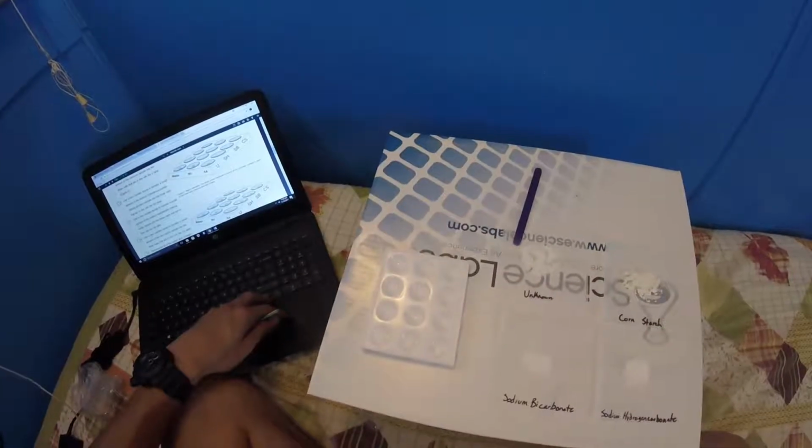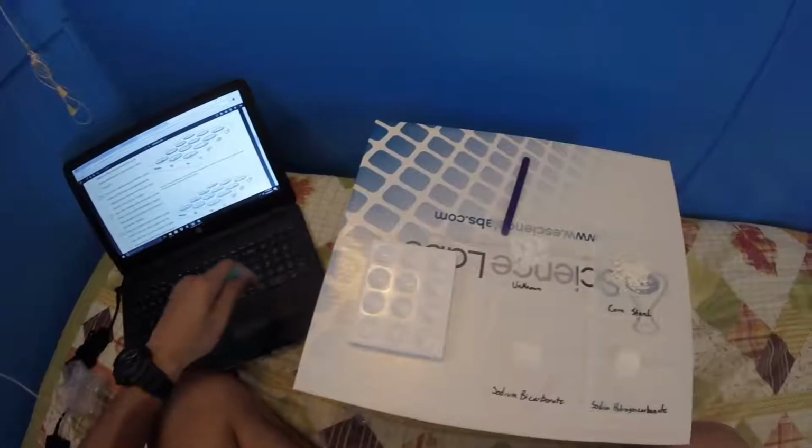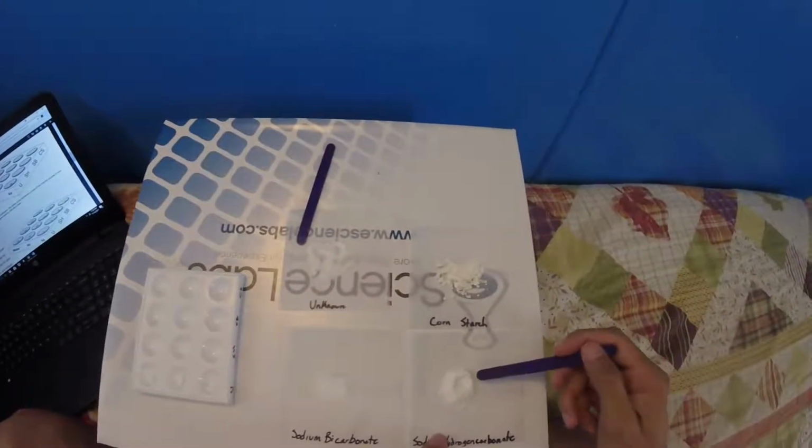Then we do a new wooden spoon and transfer the sodium hydrogen carbonate to its corresponding wells.